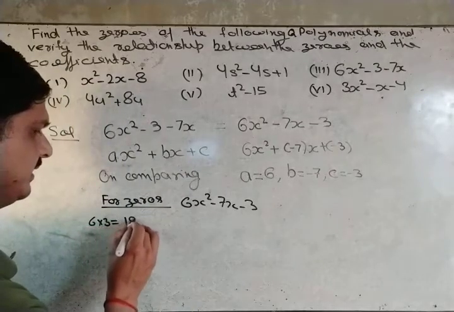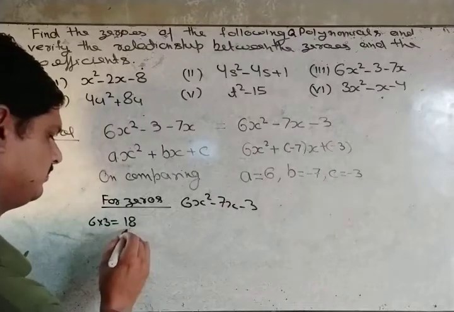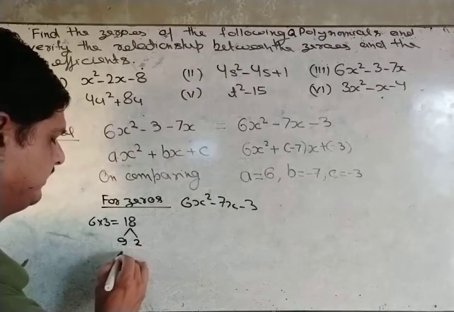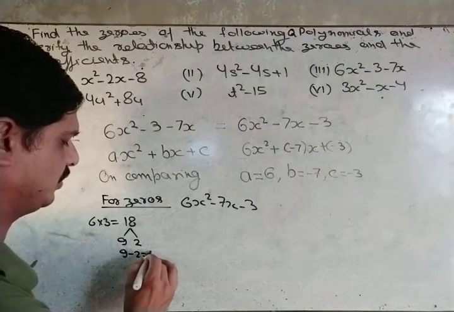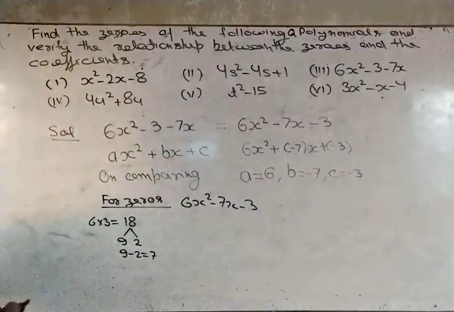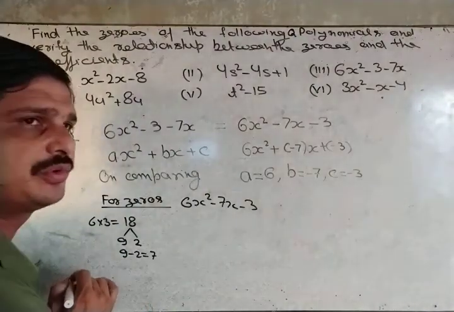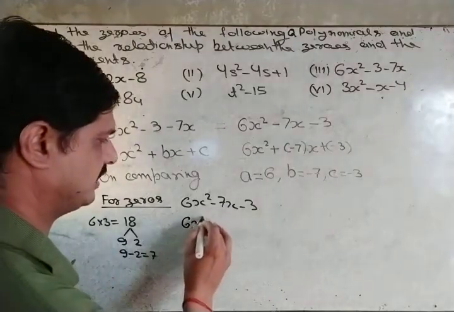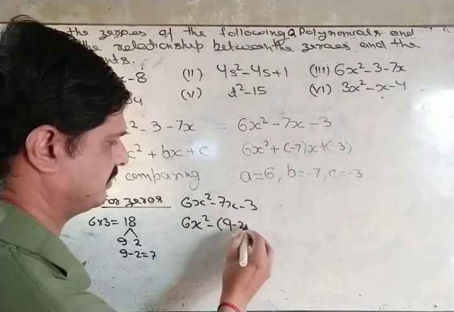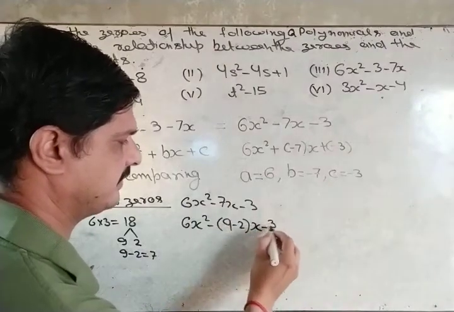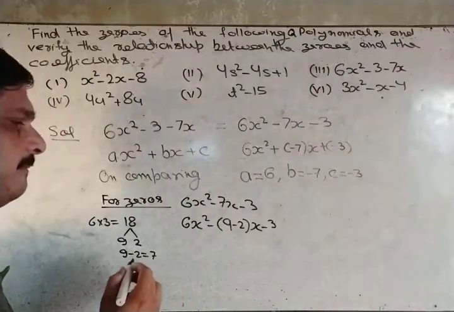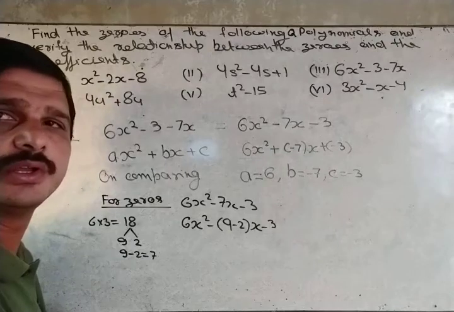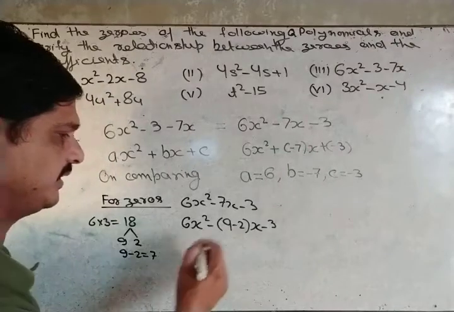There is 18, and 18 can be broken as 9 and 2, so that if we subtract, I told you, if you don't know this middle term splitting, I will make a separate video for you if you tell me. So 6x square, because it is not possible to consider each and everything directly, although my first vision is to complete your course as soon as possible.